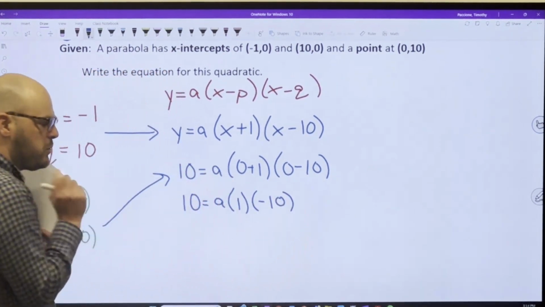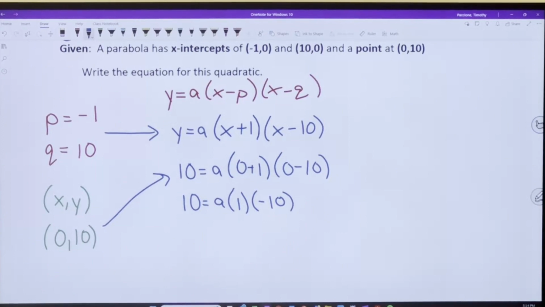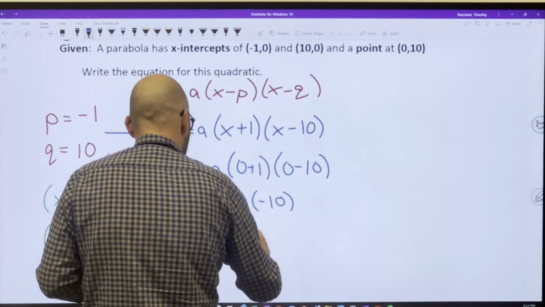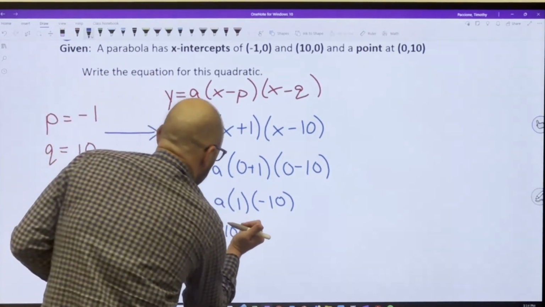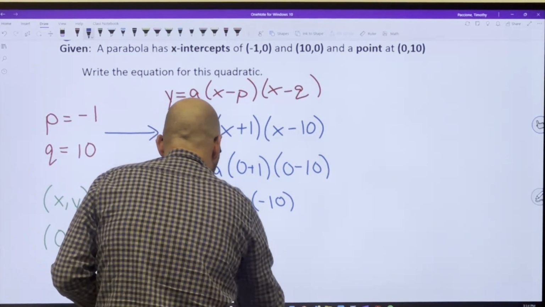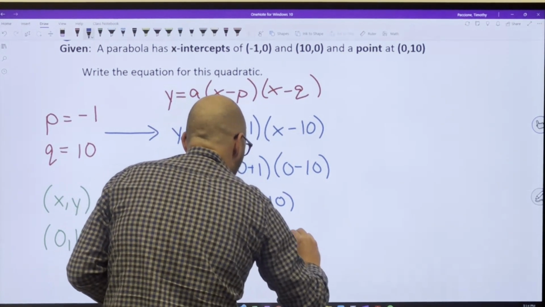So on that side of the equation, what do I have? 10 equals negative 10a. Yeah, 1 times negative 10 is negative 10. Negative 10 times a, it's negative 10a. So 10 equals negative 10a. And then I solve for a. Divide by negative 10, divide by negative 10. I get a equals negative 1.